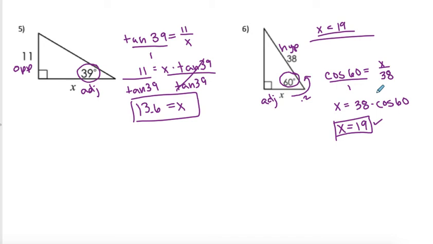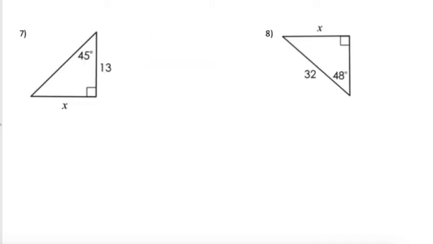If you feel comfortable going back from special rights to trig and seeing those patterns, you can use those as well. So on our last two, okay, we have 45 degrees, special right triangles, especially with this when I have the same. That's why it's faster. These should be the same, 13, and be done.